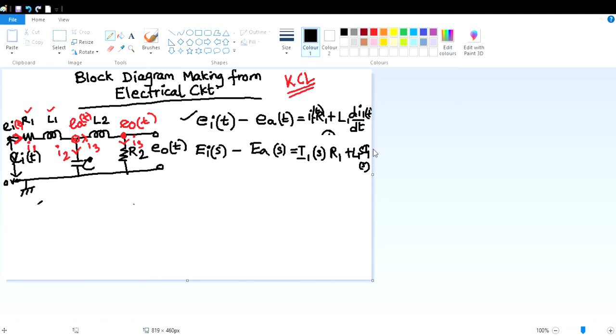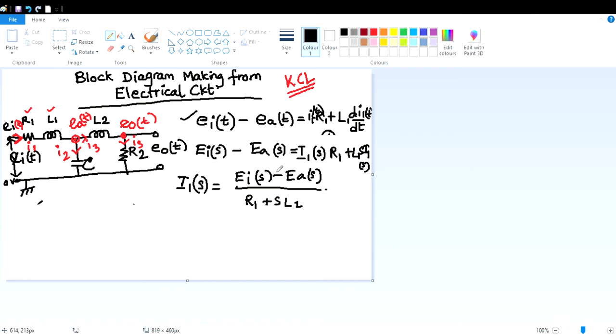Now from here I can get the value of I1(s). I1(s) is nothing but EI(s) minus EA(s) divided by R1 plus sL1.